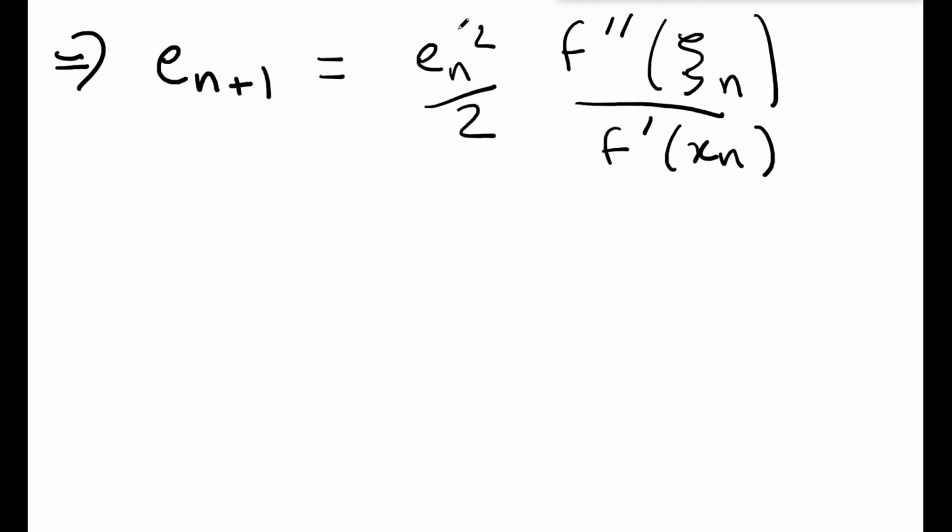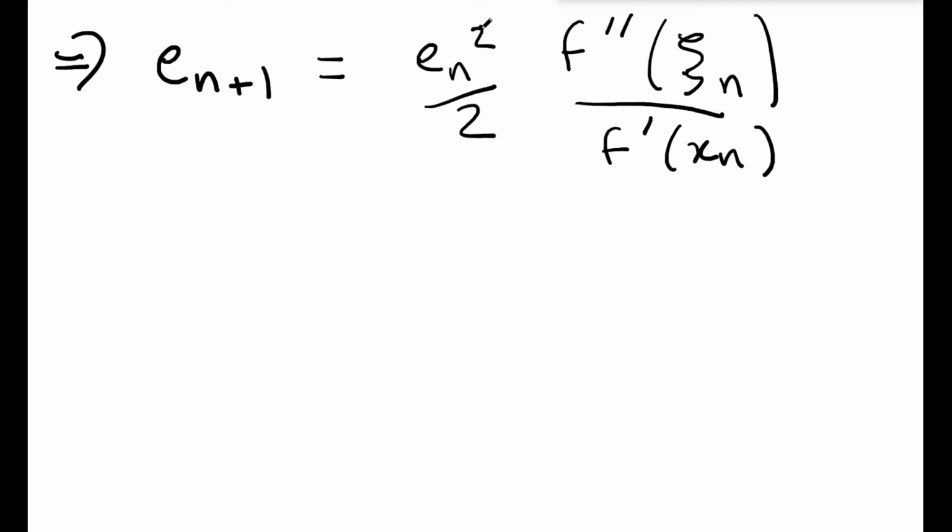So now, with the aid of our Taylor series, we've taken our Newton-Raphson method that doesn't look anything like an error law to something that looks like an error law, like that. We've got the error at the new value and the error at the next value.